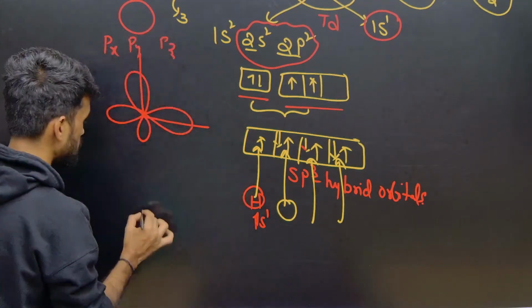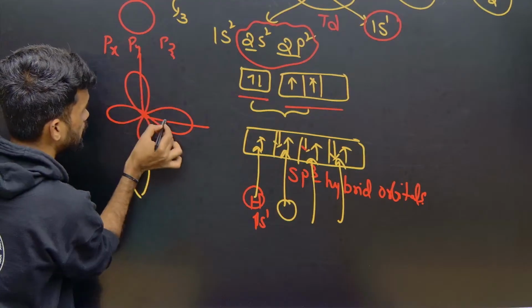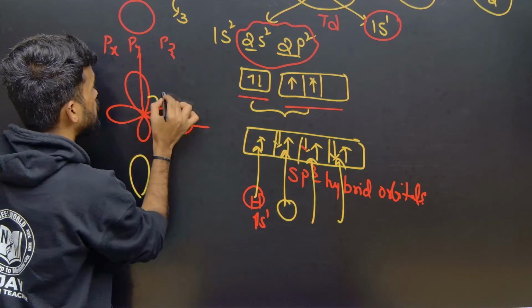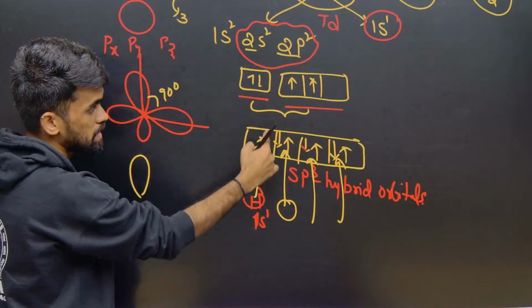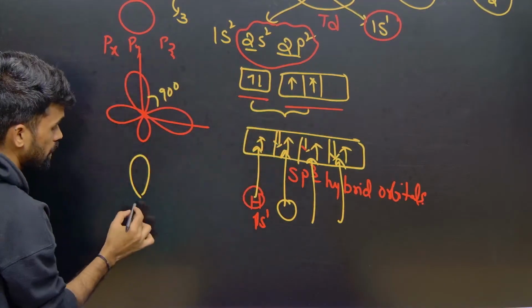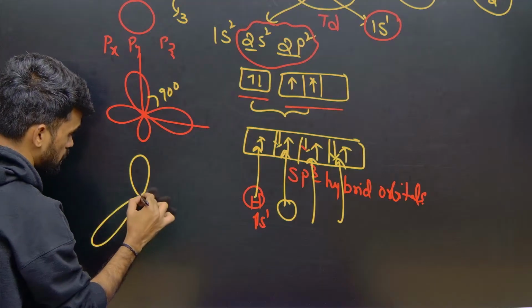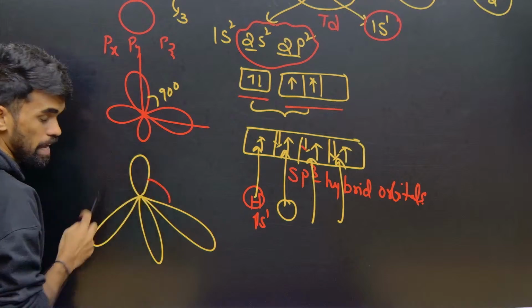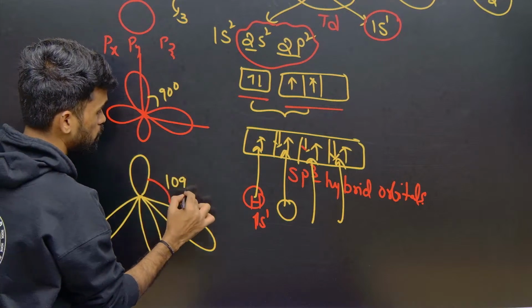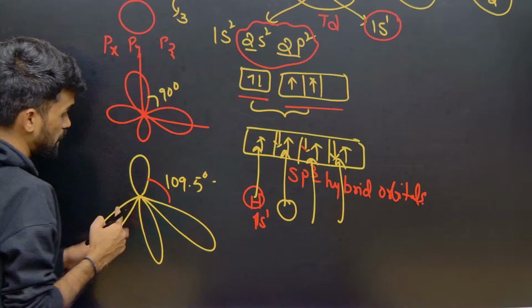For example, if I write orbitals here and here, they just have a 90 degrees angle. Now I am redistributing their energies and writing the orbitals like sp3 hybrid orbitals, something like this. See here the shape, the angle between them will be 109.5 degrees if I rearrange them like this.